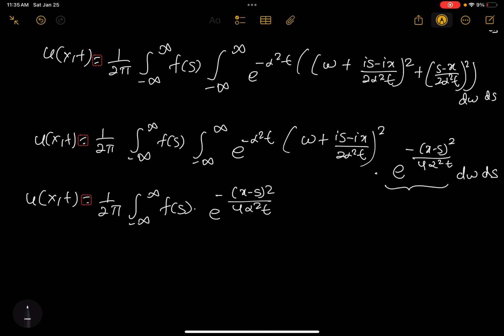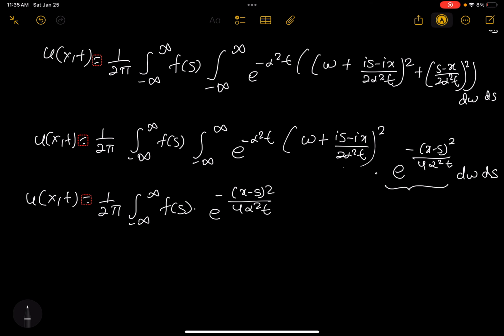Now, the first integral is just like a Gaussian integral. If the limits are from minus infinity to infinity and the integral is in terms of omega, adding some constant to omega doesn't matter. That's just the same as omega square only. So this is just e to the power minus alpha square t omega square d omega.